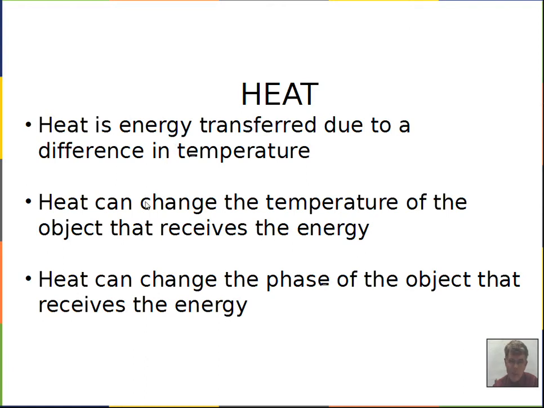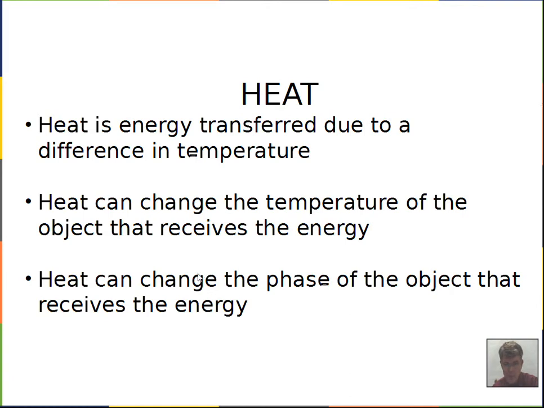So what heat can do: an object that is receiving energy could have its temperature go up, or it might melt or go into the vapor state. So that energy can accomplish some work on the object. And if we extract energy from some object, we can lower its temperature, or we could change the phase back to a solid if it was liquid.